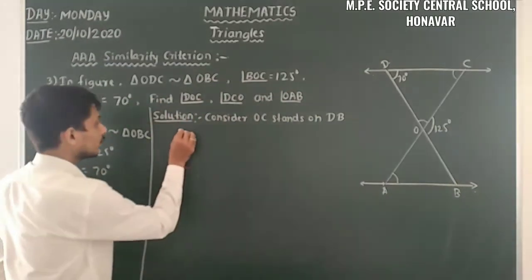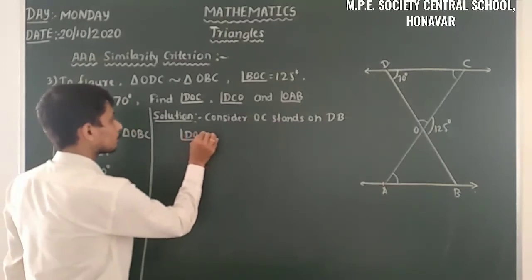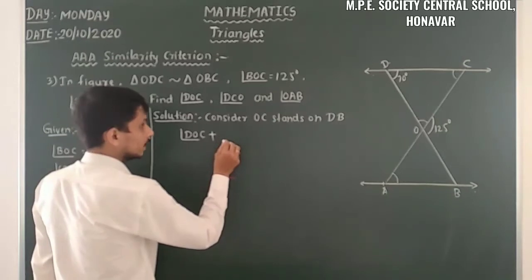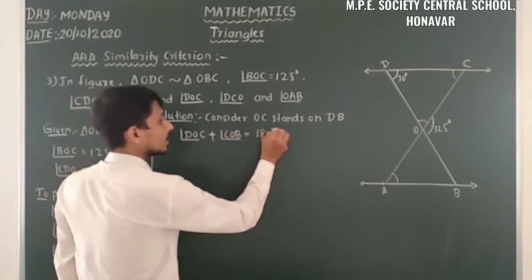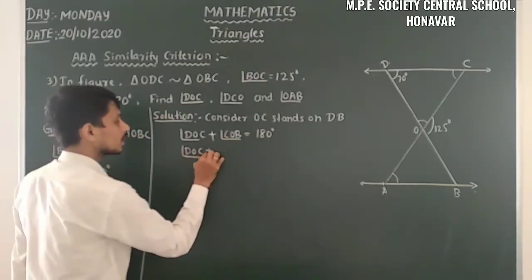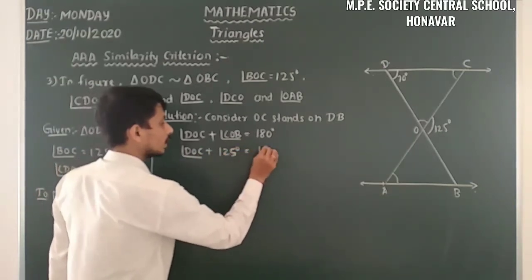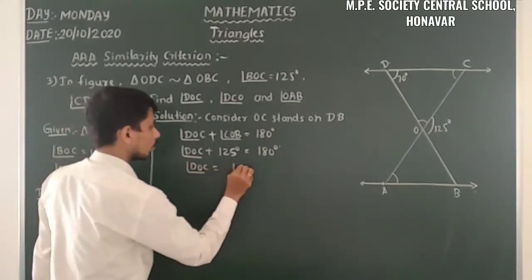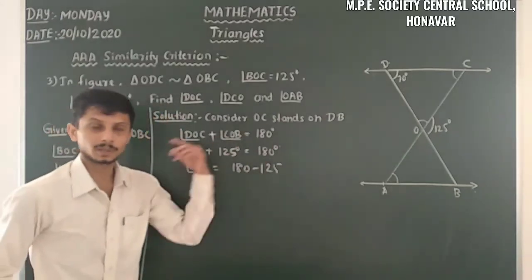Here we consider angle DOC plus angle COB is equal to 180 degrees. This is 125 degrees. Angle DOC plus 125 degrees is equal to 180 degrees. So angle DOC is equal to 180 minus 125 degrees, that is, after transposing it becomes minus.